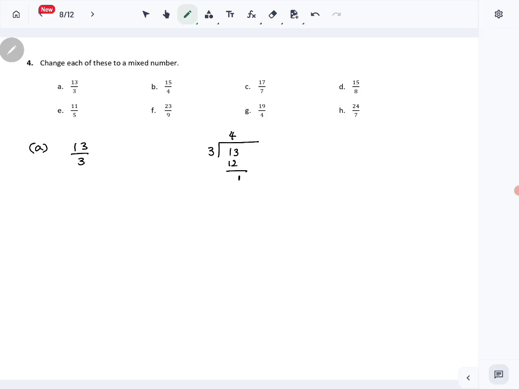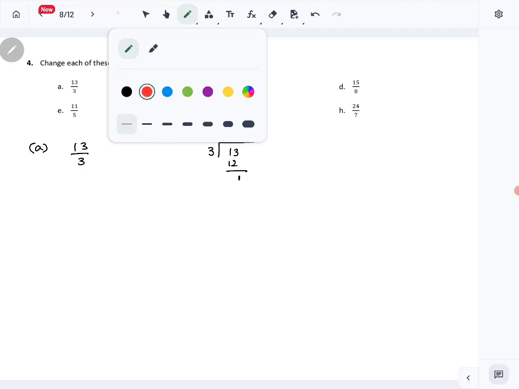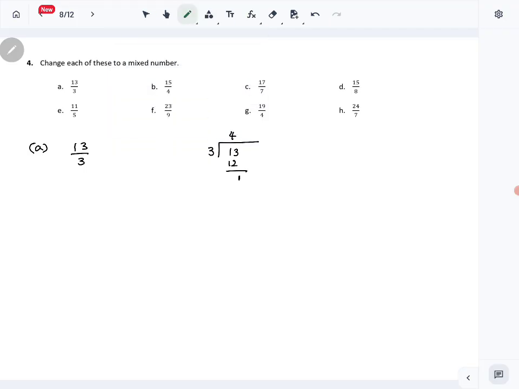Okay, so now we can write the mixed number form. The quotient is the whole number part of the mixed number.